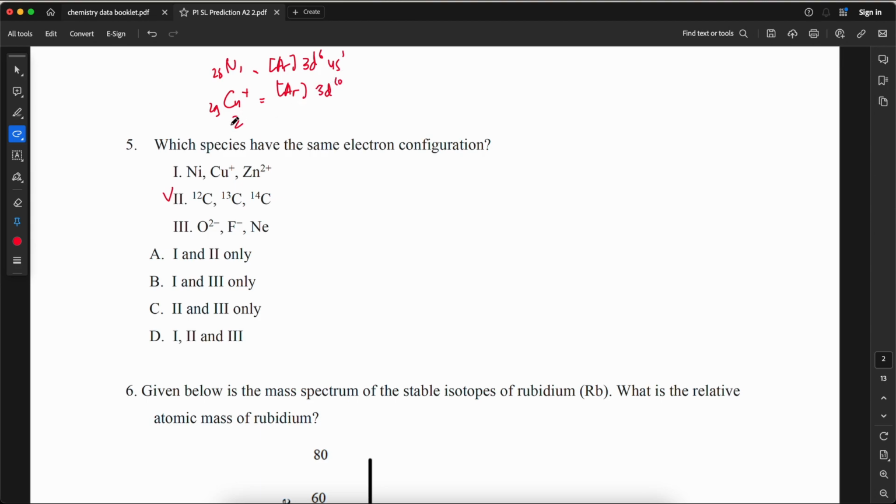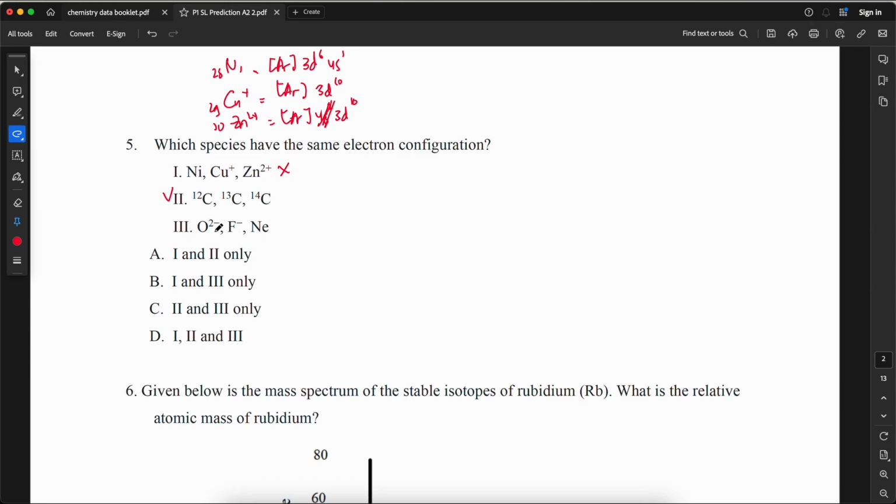And for Zn2 plus, that would be Ar 3d10. Okay, so 18, 28, 28, so 3d10 only. So Ni is not the same. Thus, the first option is not the answer.